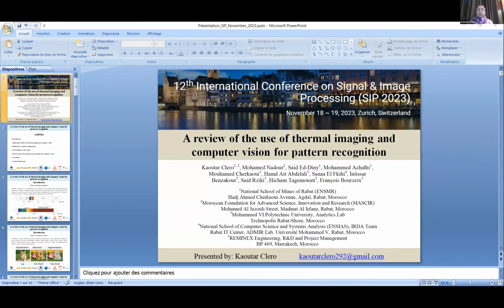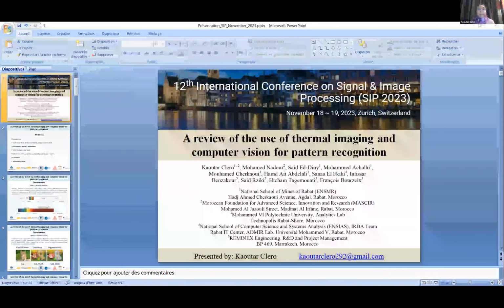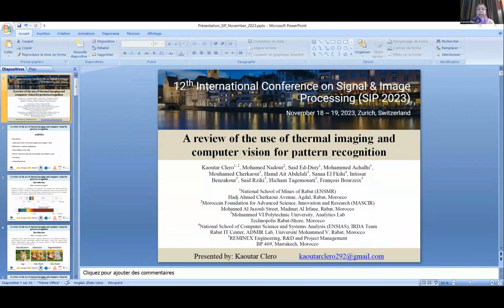So in order to introduce our topic, it is interesting to define, first of all, the topics we will talk about in this study. So first of all, what is thermal imaging? In fact, thermal imaging is a technology that captures and visualizes the infrared radiation emitted by objects. As we all know, the electromagnetic spectrum is very, very large. It contains many bands, and human eyes can see only in the visible light part.